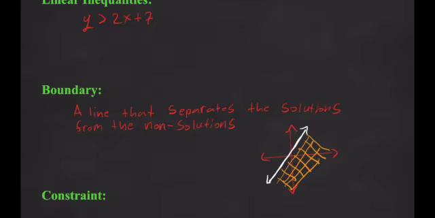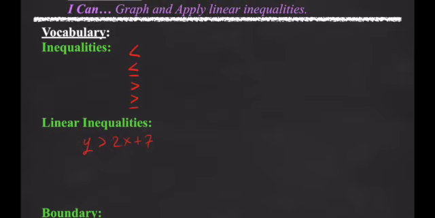And depending on which inequality you have will depend on what your graph looks like. If you have a, let's go back up here, strictly less than sign in your linear inequality, this will end up to be a dashed line. So strictly less than, dashed line. Strictly greater than, dashed line.